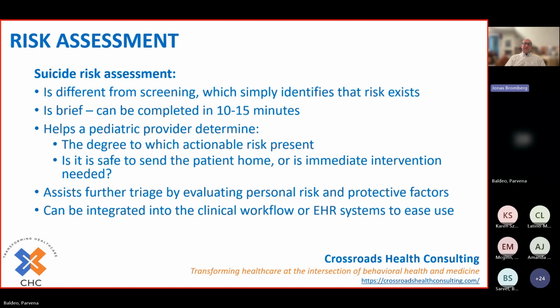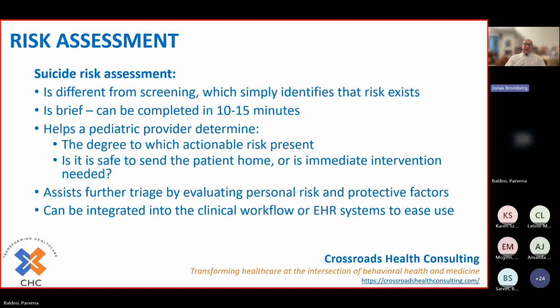Simply, risk assessment is different from screening. Screening identifies that risk exists, and risk assessment takes us down a pathway of considering how much risk exists, the degree to which there's an actionable risk present. And this is the question we all want answered: is it safe to send the patient home, or do we need some other next step, an immediate intervention, before we can safely send the patient on?